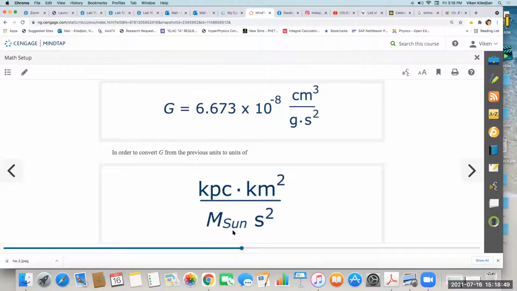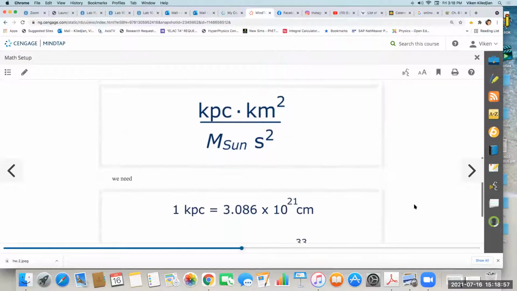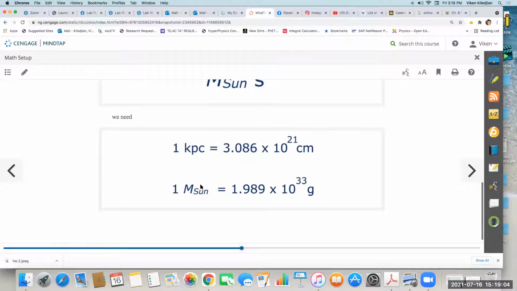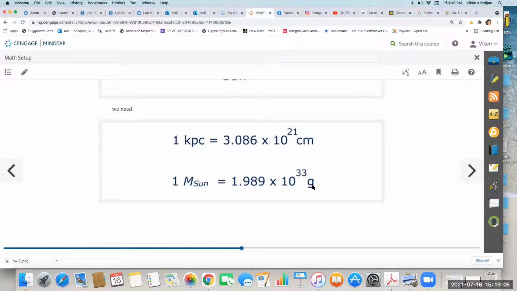And then the mass of the sun can be expressed as grams, so that's a 1-to-1 relationship, and then second squared. So it says 1 kiloparsec is 3.086 times 10 to the 21 centimeters. One mass of sun is these many grams.